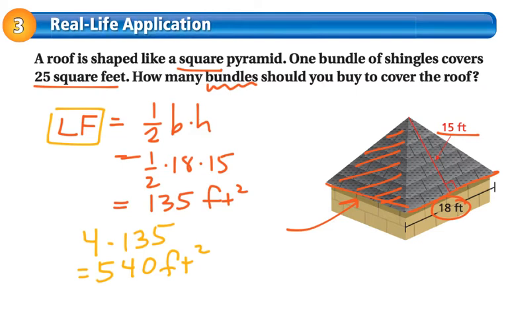When we go back to read the problem, it says that one bundle of shingles covers 25 square feet. So how many of those bundles do we need to actually cover the roof? So we could simply start to count up 25, 25, 25, start to count up how many of those groups do we need. But that could take a while and be really tedious and isn't necessary here. So we can use one of 2 ideas. I'm going to use a little bit of algebra though.